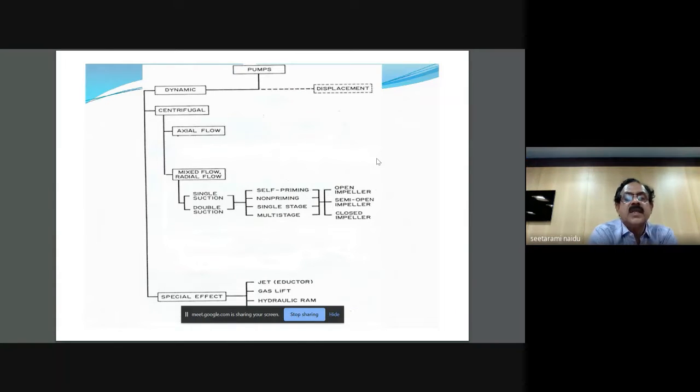Mixed flow is very common, especially in industrial and large power plants, process industries, etc. Then there are mixed flow radial pumps, single, double section, self-priming, non-priming, single stage, multi-stage, open impeller, semi-open impeller, closed impeller, etc., especially for sewerage application. Special effect pumps include jet pumps, gas lift, hydraulic ram, etc.